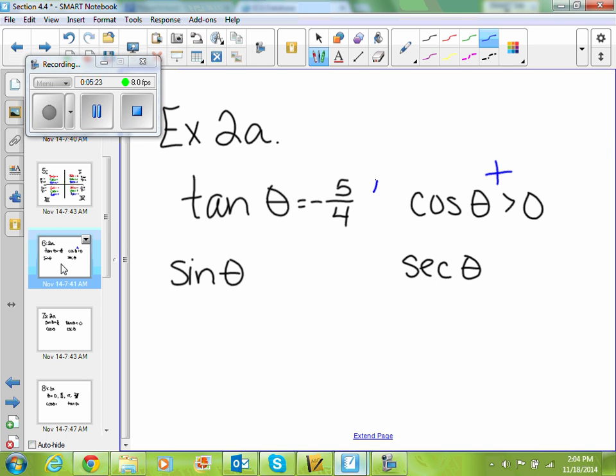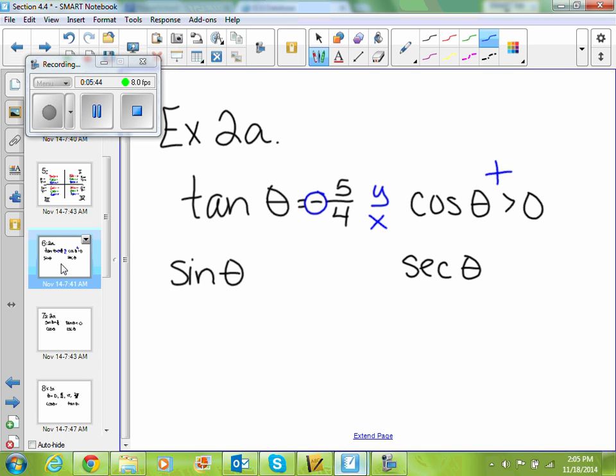So we need to figure out my x and y. Tangent is y over x, so I need to figure out my y and my x values for this, but this negative out front throws me off because I don't know if it goes to my y or to my x. That's why we use the information about cosine to tell us that.